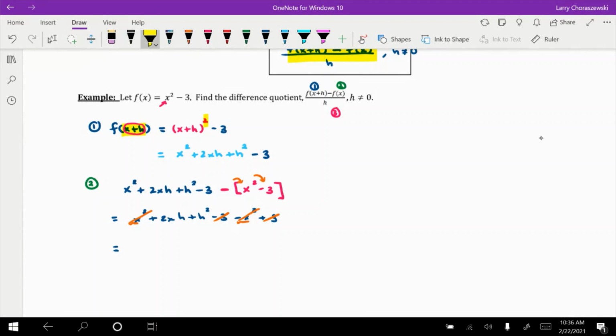So you're left with the terms 2xh plus h squared, which takes us to the third step. We're going to take what we just got in step 2, and we're going to divide it by h.